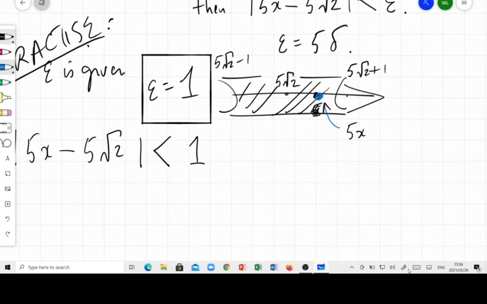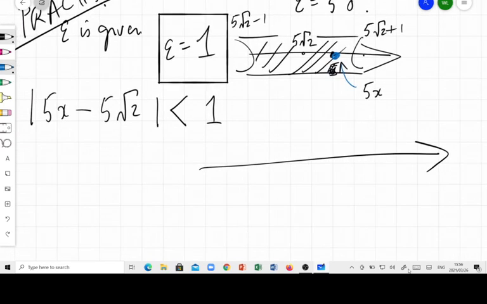I want my 5x to lie within distance 1 of 5 square root of 2. So the big question here is, in order for this to be guaranteed, how close must my x be to square root of 2? So this is my x, you see.